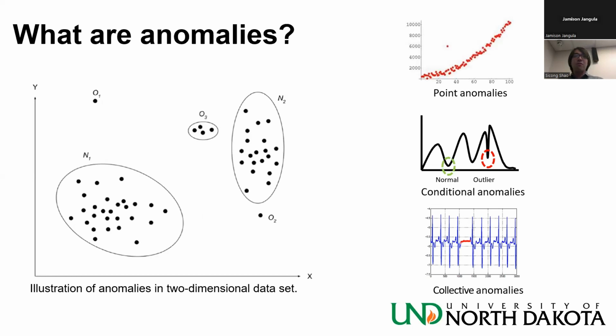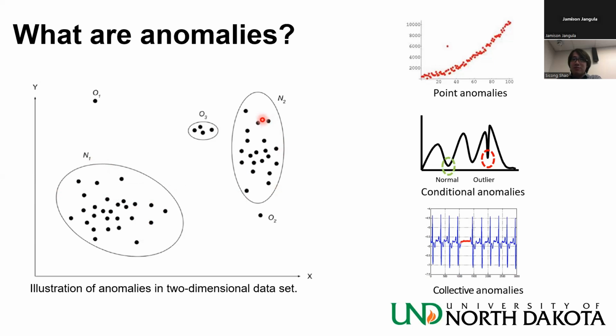So first, what are anomalies? Anomalies are also referred to as outliers, deviants, novelty, and exceptions in the data mining and statistical literature. As illustrated in the figure, N1 and N2 are regions consisting of a majority of observations, and hence are considered normal data.